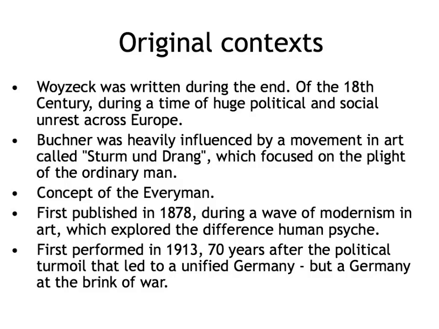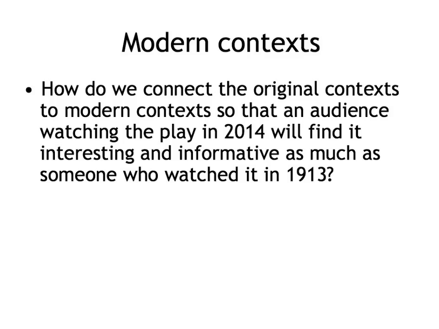You know, Germany was on the brink of war at that point, and perhaps it shows how that audience in 1913 felt about the situation that they were in, of being ruled by Kaiser Wilhelm, who was soon to go to war, who was disliked in Europe, who had a very controlling sense over the direction of the country. And how did the every person, the everyman, the individual fit into that?